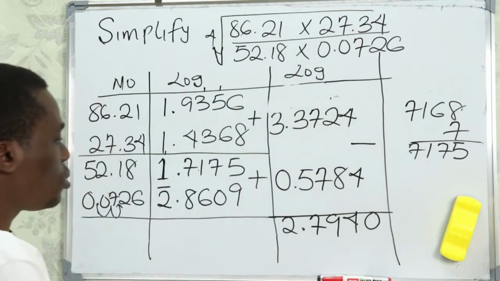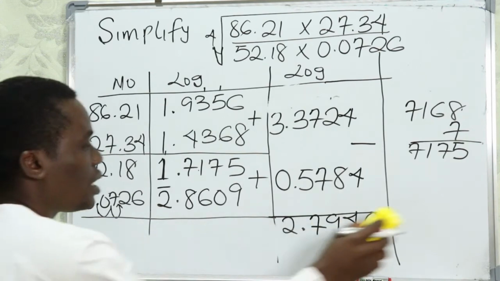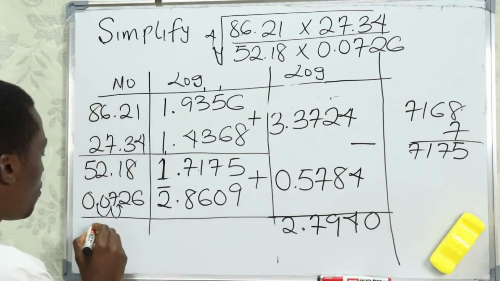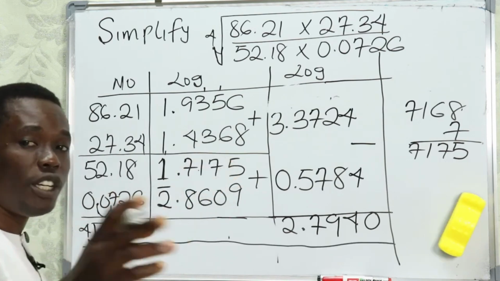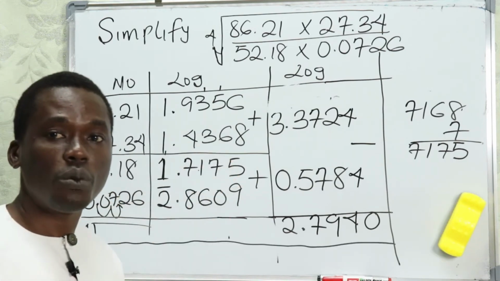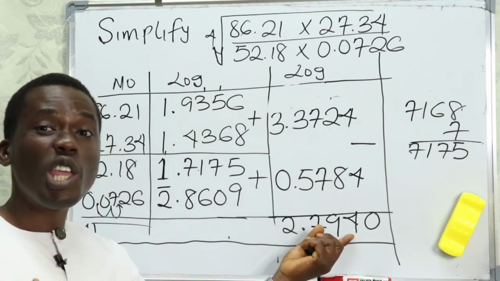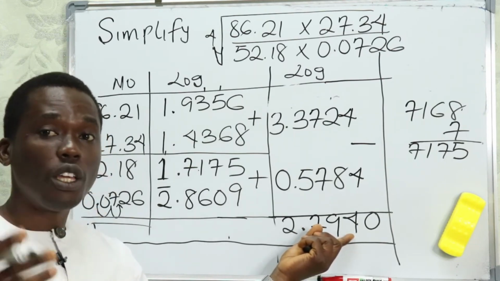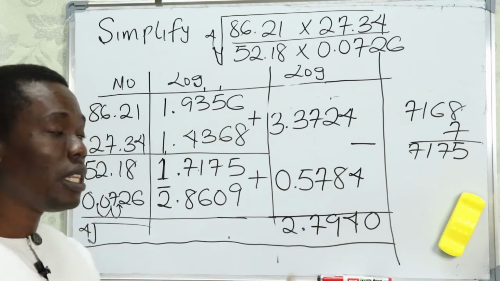So all you need to do now is to multiply everything here, because we are looking for the fourth root of the whole. Remember I told you when you have fourth root, you divide this value by 4, and when you have a square, you multiply this value by that value.